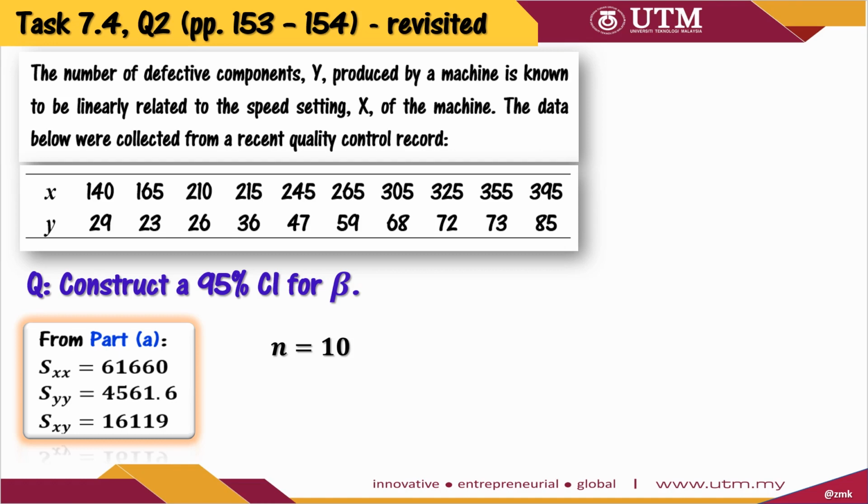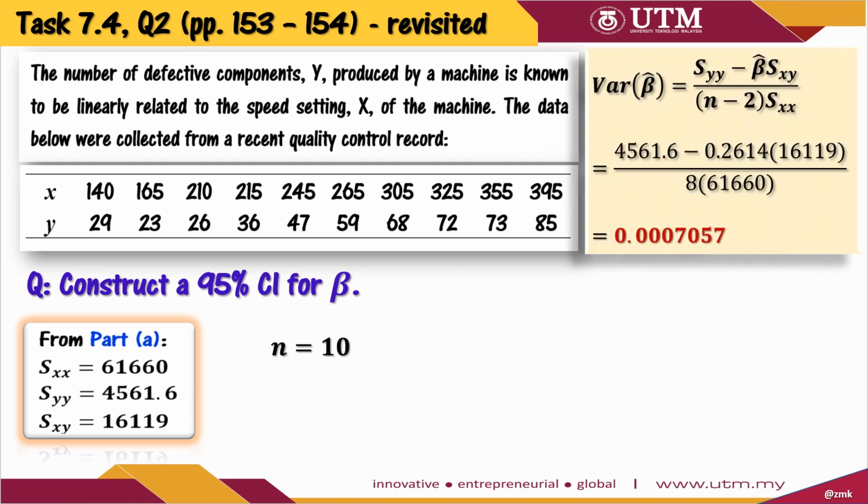You may want to check that the variance of beta hat is given by 0.0007057. At this stage of calculation, you are advised not to round off the value of the variance of beta hat yet, because otherwise it may result in a large rounding off error in the final answer.